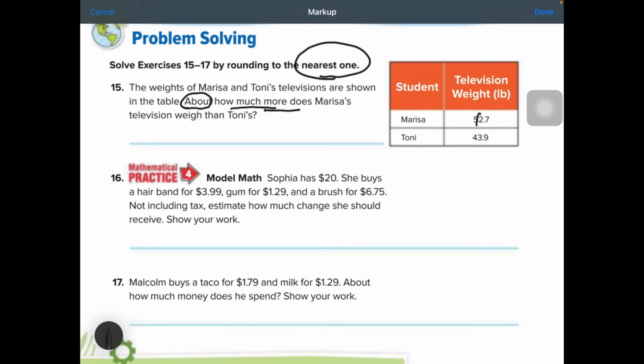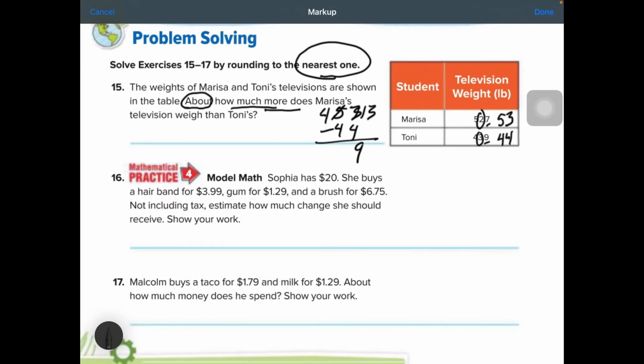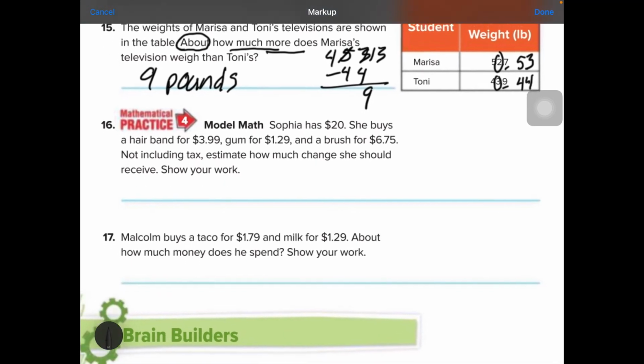So Marissa, the ones category is right there. That 7 is going to bump it up to 53. And Tony, the ones category is right there, but that 9 is going to bump it up to a 4, so it's going to be 44. So we are taking 53 minus 44. I have, by my calculation, 9 pounds more. That's a pretty heavy TV.